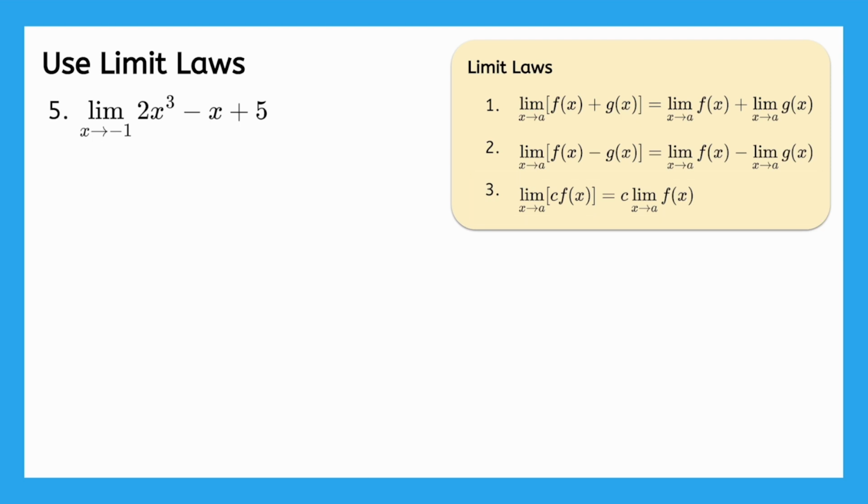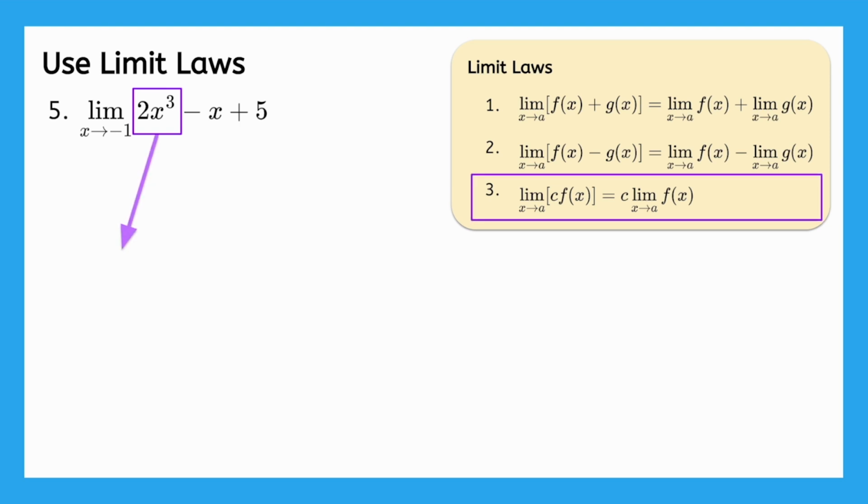Let's put all of that together and find the limit of the function in number 5. The sum and difference laws say that we can break this function into parts, find the limit of each term, and then add or subtract the results. Let's start with the first term. The constant multiple law says that we can pull out the coefficient 2 and multiply it by the limit of x cubed as x approaches -1.